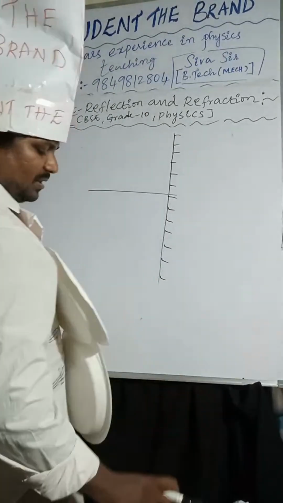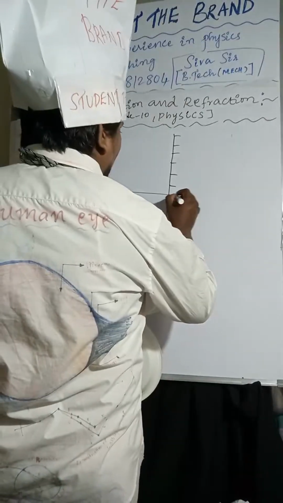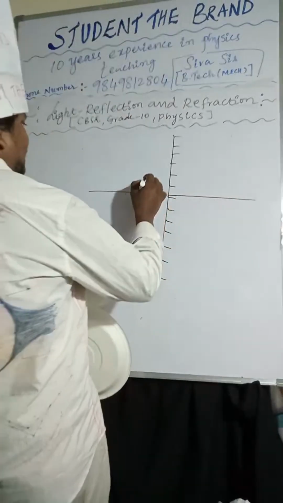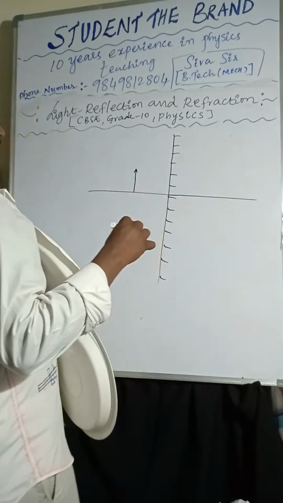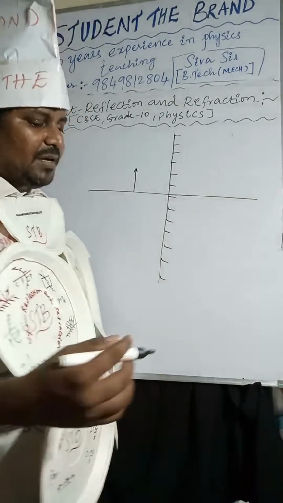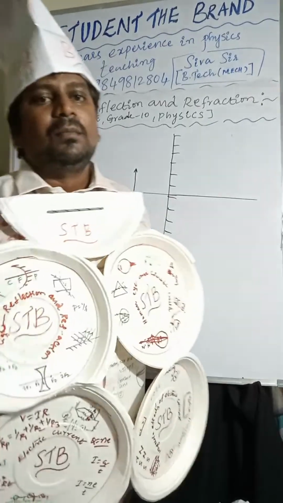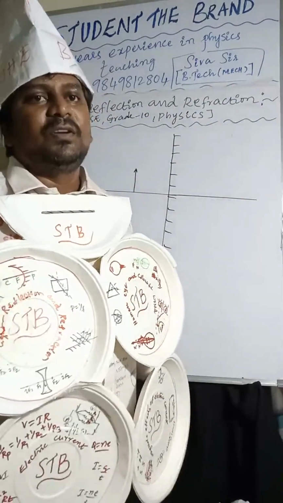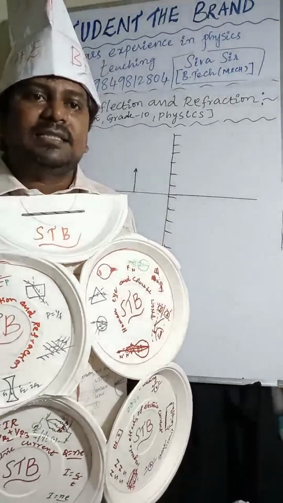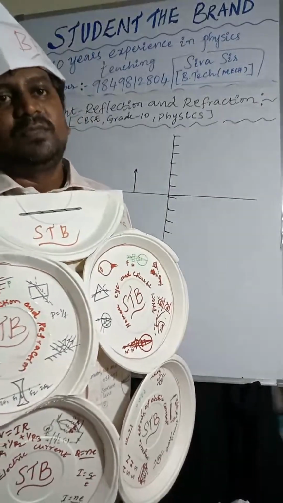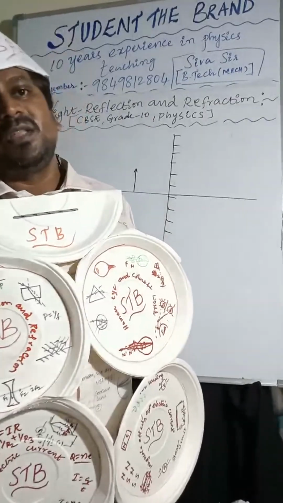The object is placed here. This is the object. How many light rays are required to form the image of the object? As I said, minimum 2 light rays are required to form the image of the object.